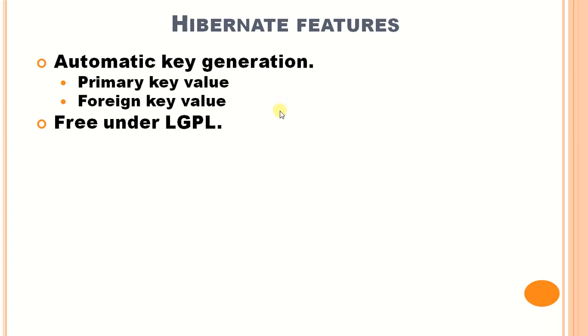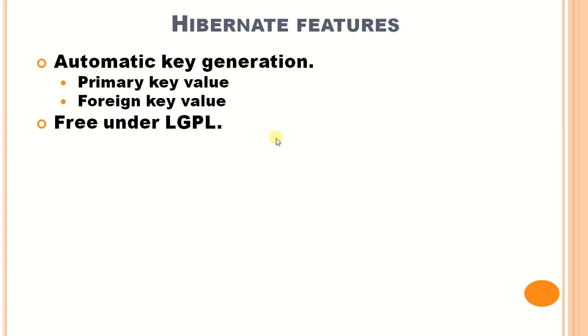Or when it comes to the Oracle database, it provides sequence functionality so that the primary key value can be generated automatically. Same functionalities can be used when you use the hibernate over here. Okay, so the primary key value or the foreign key value will be managed automatically by the hibernate.